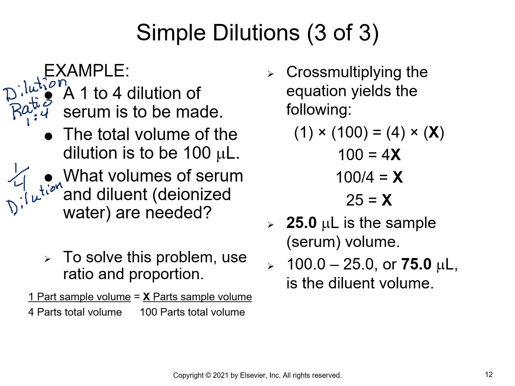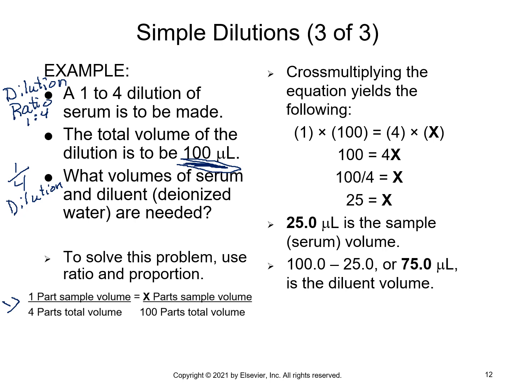So we need to figure out how much we need if our sample volume minimum is 100 microliters. You may have an analyzer that says that you need a minimum of this particular volume, so we need to figure out what that is. We could plug that into an algebraic equation where we do 1 part of sample to 4 parts total, and we know that we need 100, so we can work the equation out this way.